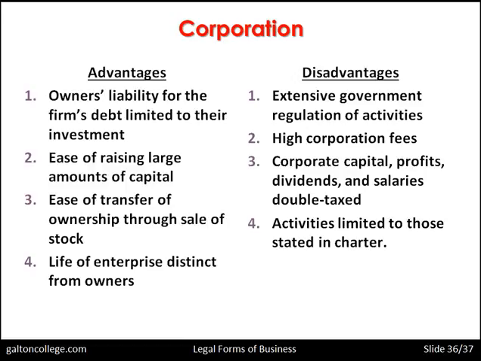Now, this particular video is just a brief introduction to these. There are many other videos on the course that go somewhat deeper into the advantages and disadvantages of each of these. But for the moment, that should guide your thinking in terms of legal forms of business that may be followed by entrepreneurs.